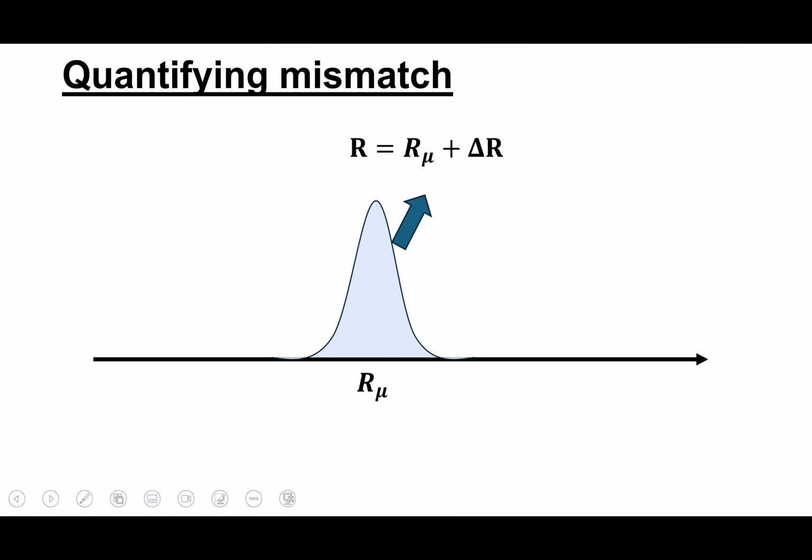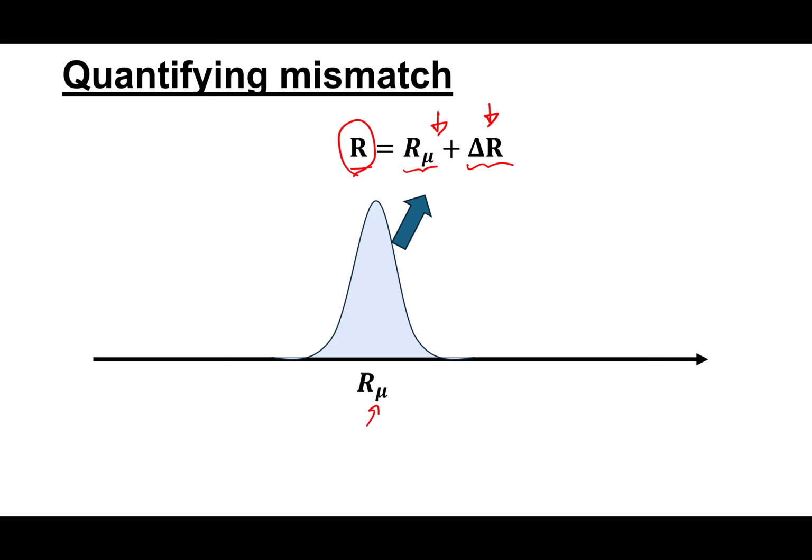So now let's start to see how to deal with mismatch. To deal with mismatch, first let's understand how to quantify mismatch. This is a random phenomenon, so obviously use statistics. Let us take the same case of resistor. Any resistance will be mean value plus delta R, and this is the distribution for this resistance, this quantity R, mu plus delta R, right?